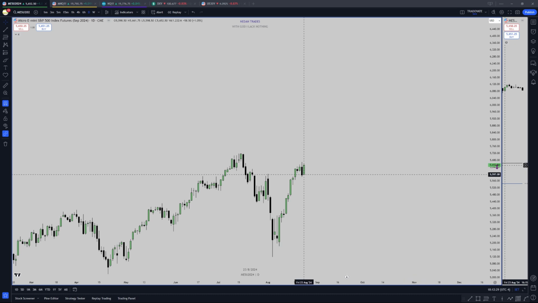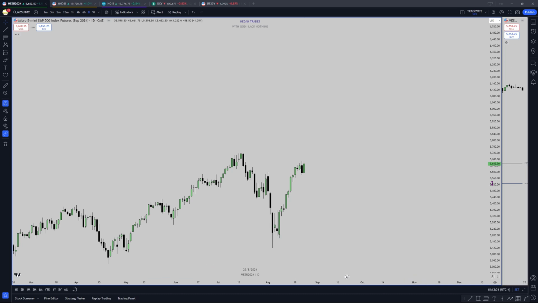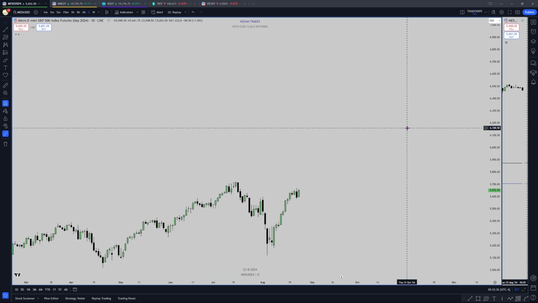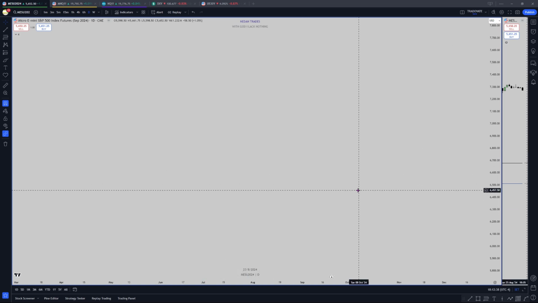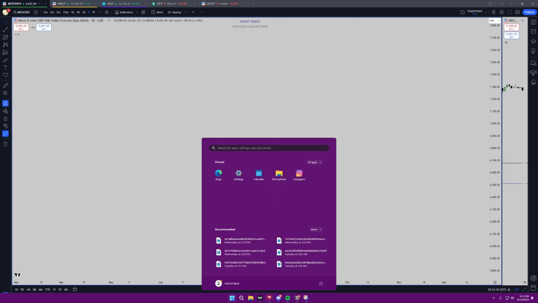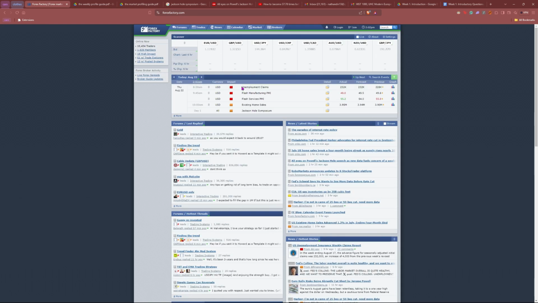Okay, so whenever I come to the charts, the first thing I do is look at Forex Factory. So let me pull up my browser. You guys can see this, right?